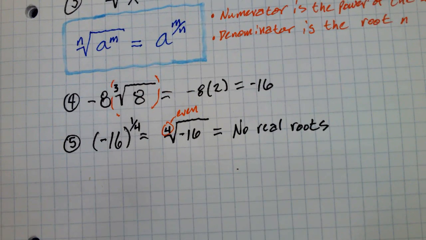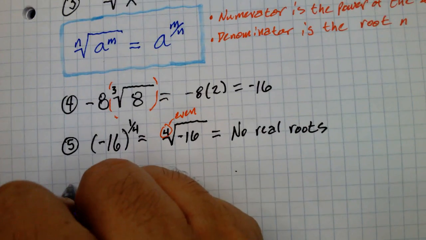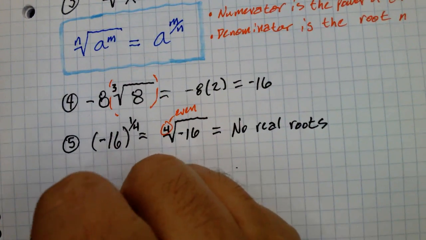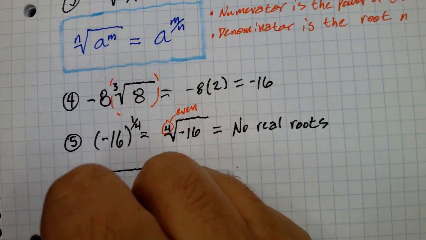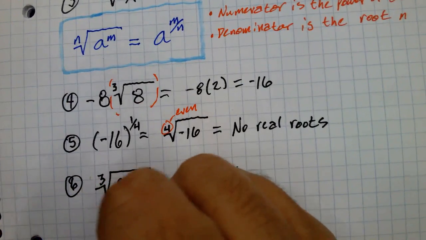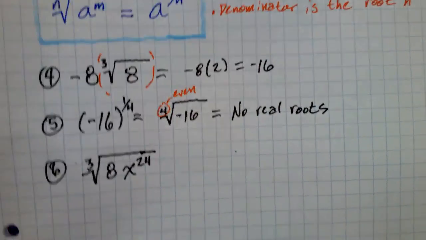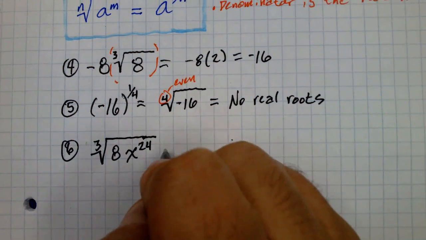So, okay. Number 6. Let's try this. The cube root of 8x to the 24th. And this is about as tough as they'll get. Okay? So, I'm going to break this up into two things.